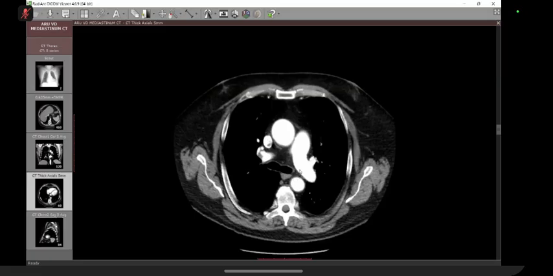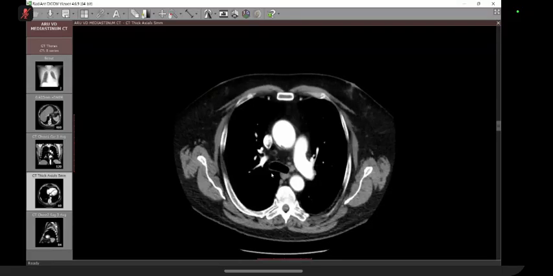Take home point: esophageal carcinomas can invade the left main bronchus. The esophagus is far away from the right main bronchus, right? If it invades the left main bronchus, again it becomes a T4 tumor. You cannot do surgery, right?